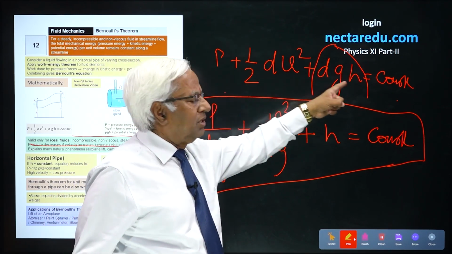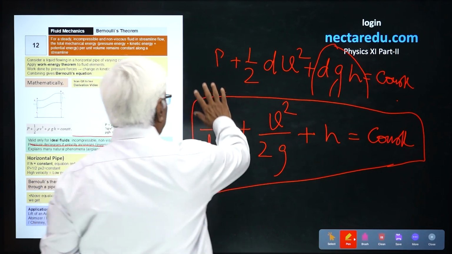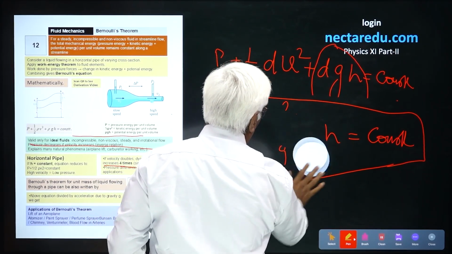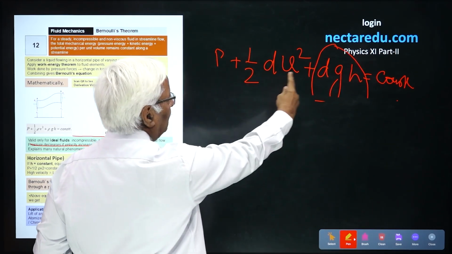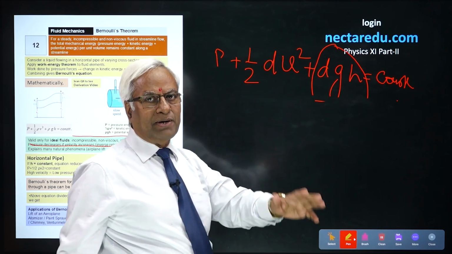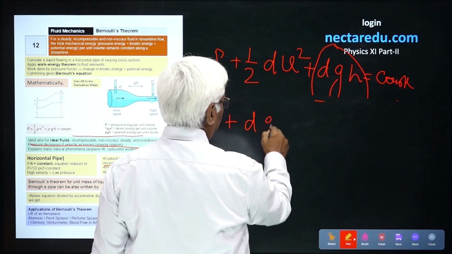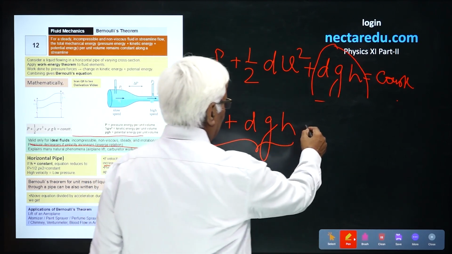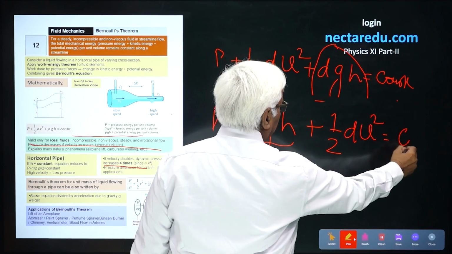So, we define in terms of energy per unit volume, here in terms of head, and you have to remember that P is pressure, never forget. In Bernoulli's theorem, you start with pressure. Obviously, pressure could be added with pressure only. So all three terms are also standing for pressure. This will be known as static pressure, and this half dV square is also sometimes known as dynamic pressure.